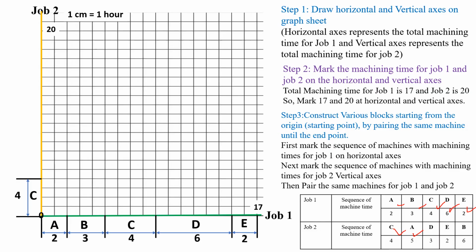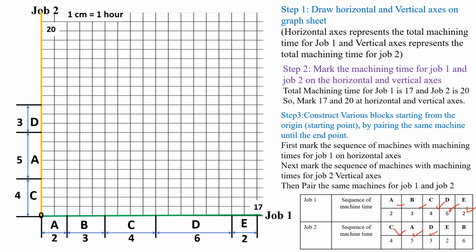So mark machine A on the vertical axis after machine C with 5 centimeters. Next machine is D and machining time is 3 hours. So mark machine D on the vertical axis after machine A with 3 centimeters.